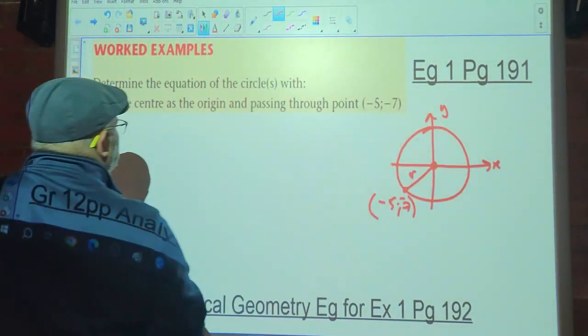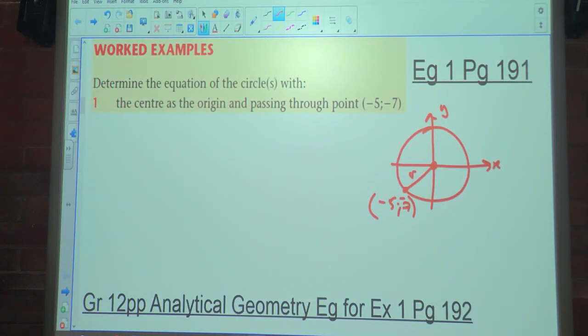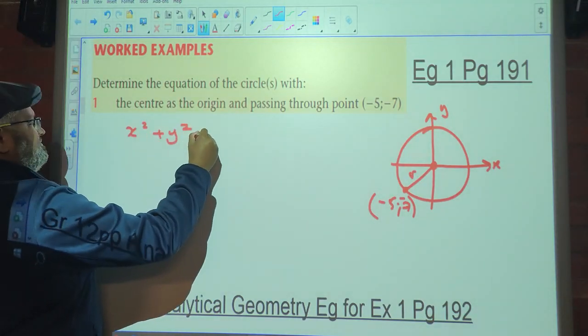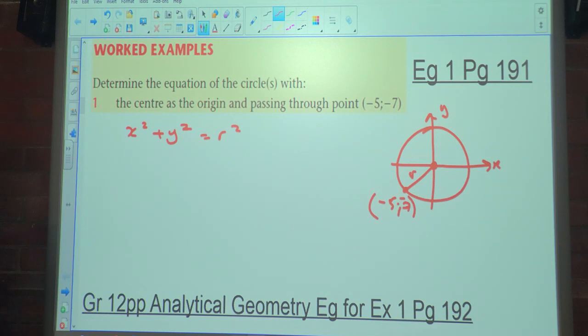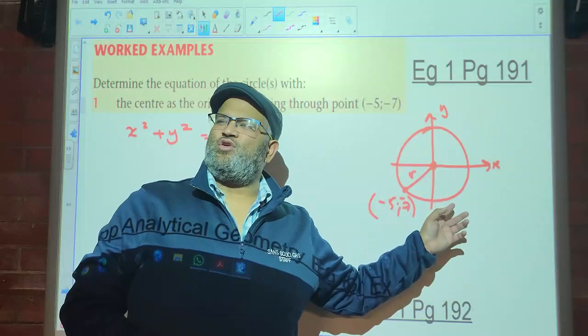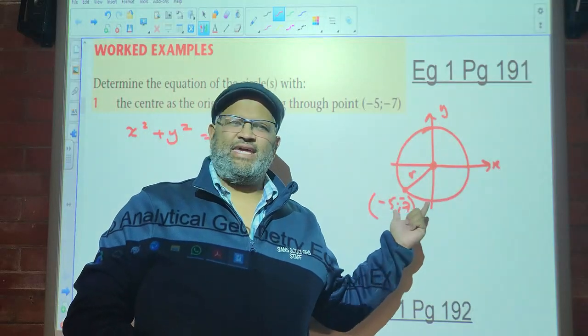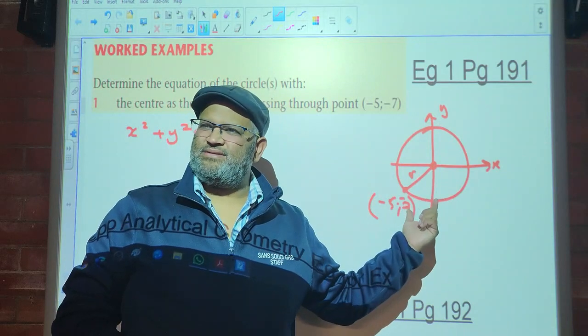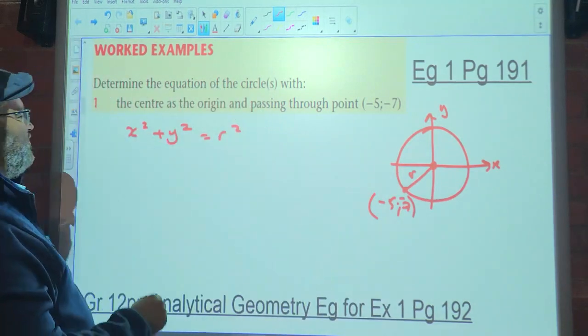So what did we say? What is the standard form of a circle? It's going to be x squared plus y squared is equal to r squared. And as I said, if the point is lying on the circumference of the circle, that is your x and y. I can work out r using the distance formula if you want, but it's going to be easier to use this formula.